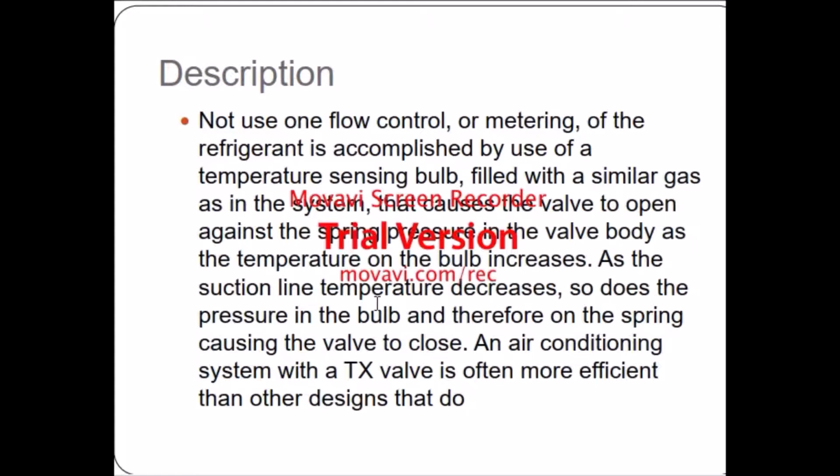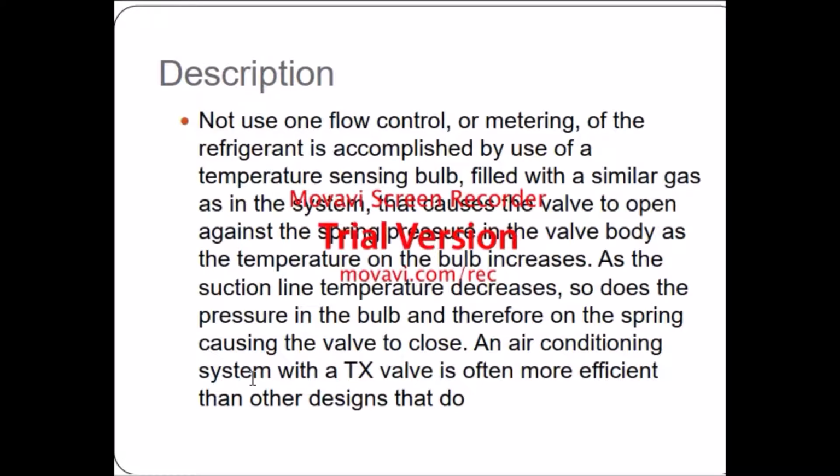This description explains the process that happens in the expansion device, how it works. If the pressure increases, the suction line will be closed because the pressure pushes the spring to close the valve. This is how the supply or flow rate of refrigerant increases or decreases.